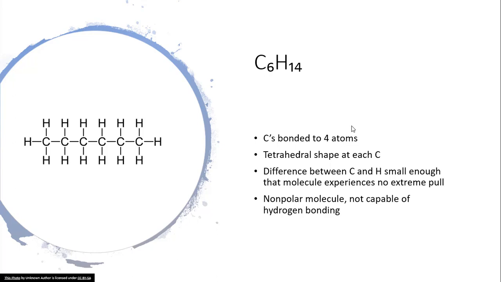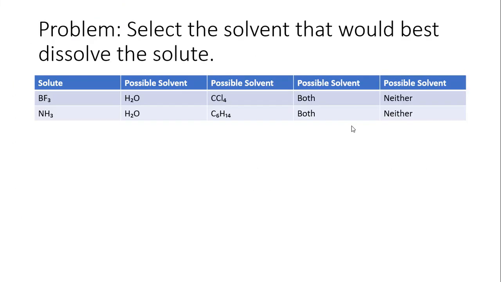Even though the carbons are bonded to different atoms, it's not a big difference, so it doesn't make it polar, since it experiences no extreme pull of electrons towards one side of the molecule or the other. So since it's a nonpolar molecule, it is not capable of hydrogen bonding.